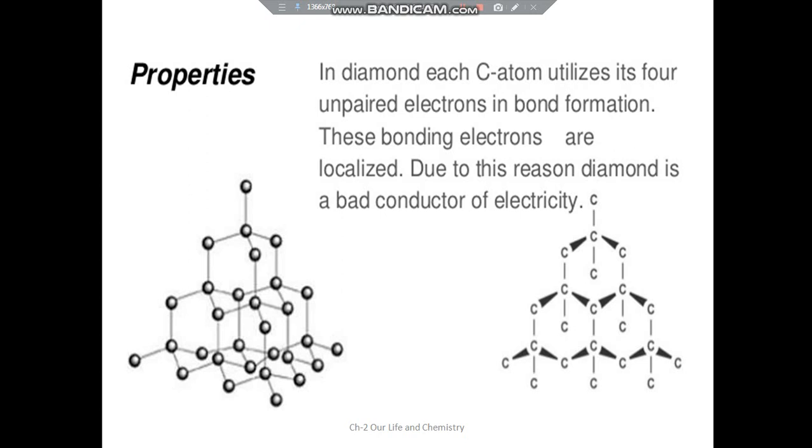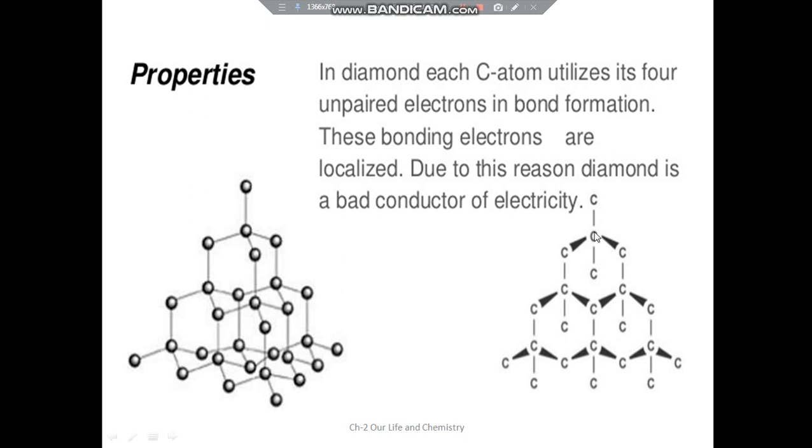Otherwise, pure diamond, which is only carbon, is colorless and transparent. Also, it is given the crown of the hardest substance in nature. Diamond does not conduct electricity.